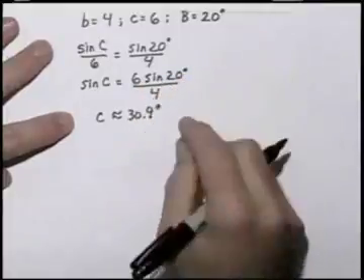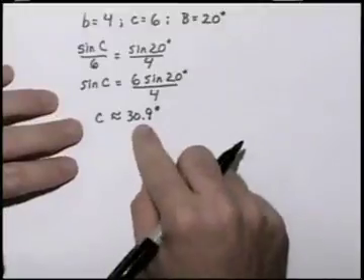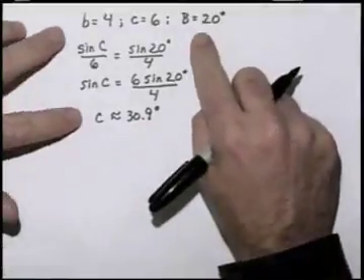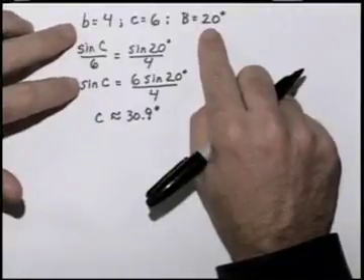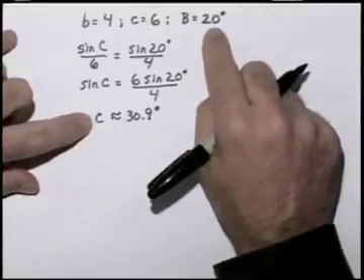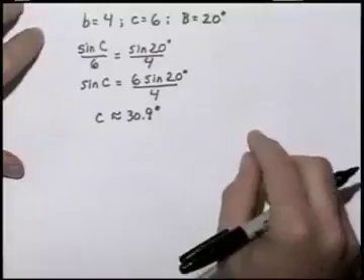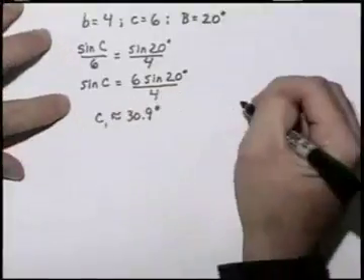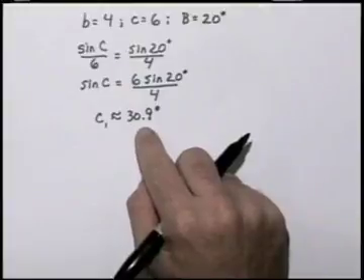30.9 degrees. Now the question is, could there be a second triangle that exists? See, notice how B is 20 degrees and the side opposite B is 4. This angle of 30.9 degrees is bigger than 20 degrees and C is bigger than 4. So it's possible that I'm going to have a second triangle. I'll call the first angle C, C1.